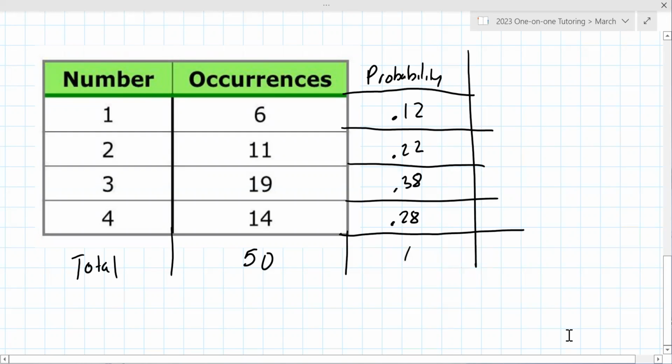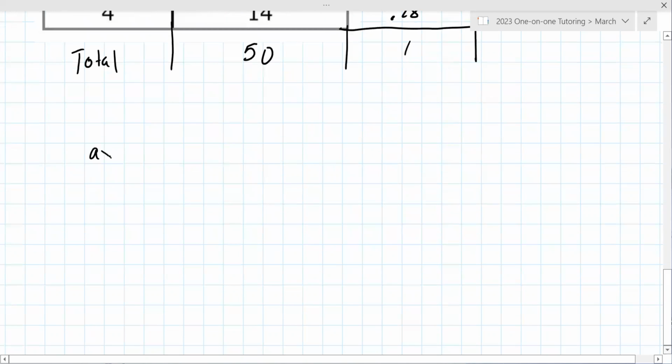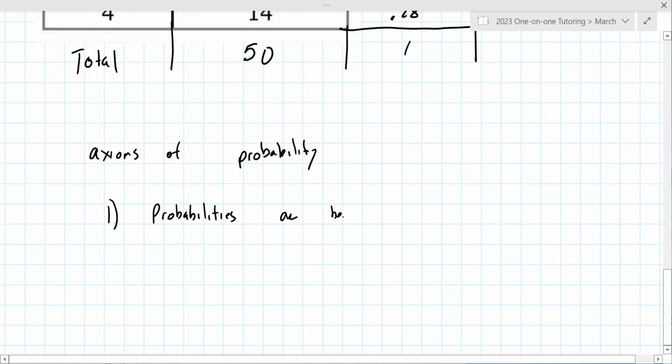Yes. Okay, so there are some axioms, what are called axioms of probability. I don't really like this kind of language, but I think you might appreciate these. The first is that probabilities are between 0 and 1 inclusive.